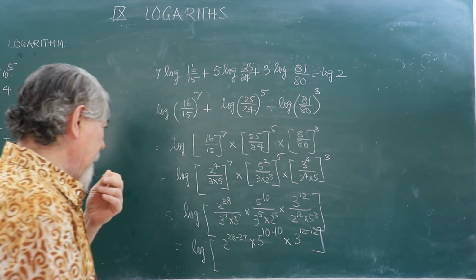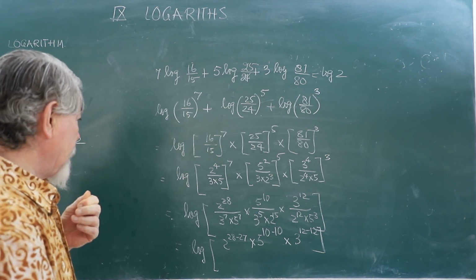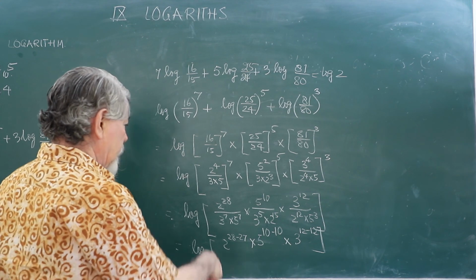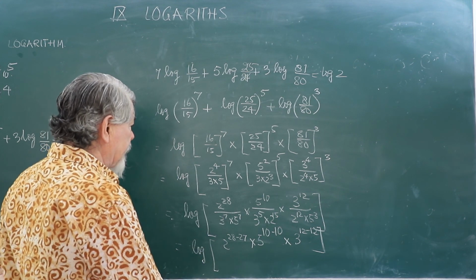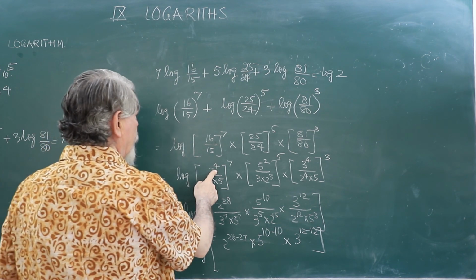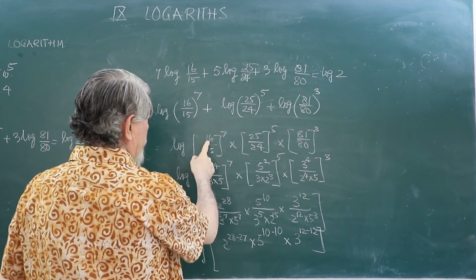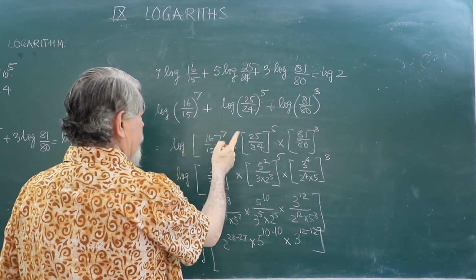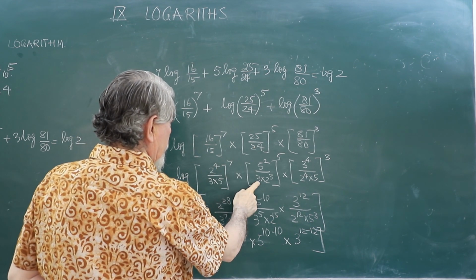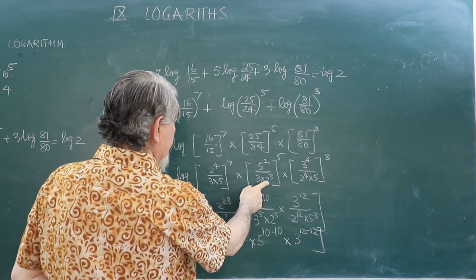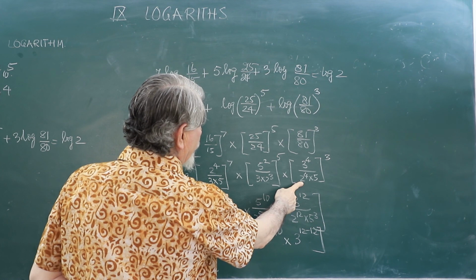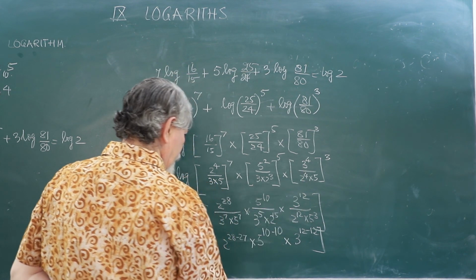Just let us check 2 to the power 28 again. 2 to the power 4 is 16, 2 to the 8, 2 to the 16, 7 4s are 28. Here 2 to the power 3, 8 3s are 24. This 2 to the power 4 is 16, it's alright.